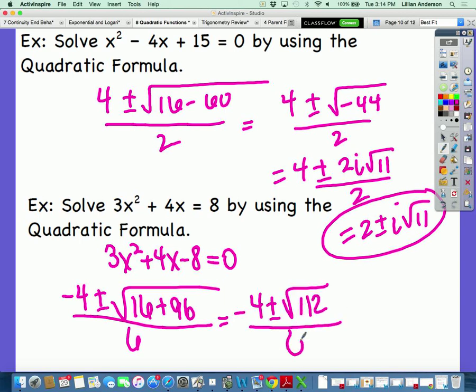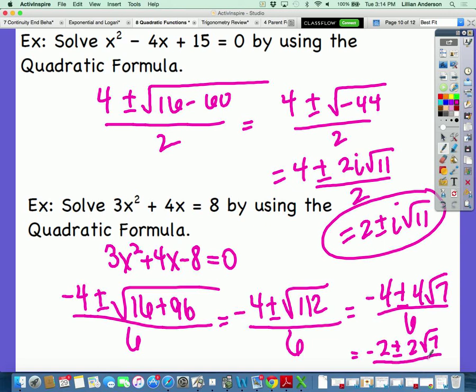Let's say 2 goes into that, which makes 56. Does that simplify? Equals 16 times 7? So 4 root 7 over 6. That simplifies to negative 2 plus or minus 2 root 7 over 3, because all of those are divisible by 2.